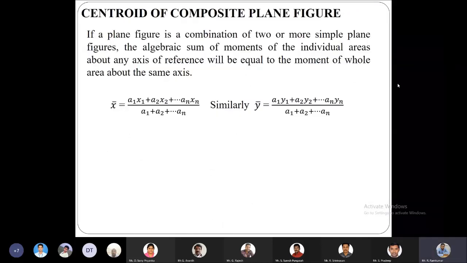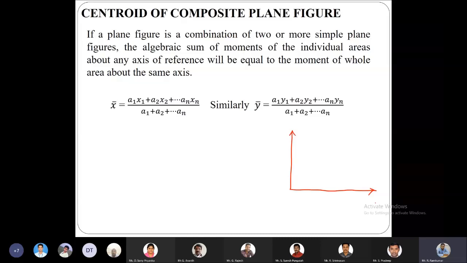So now let's move on to the centroid of a composite plane figure. Assume a case where we are having an object like this.